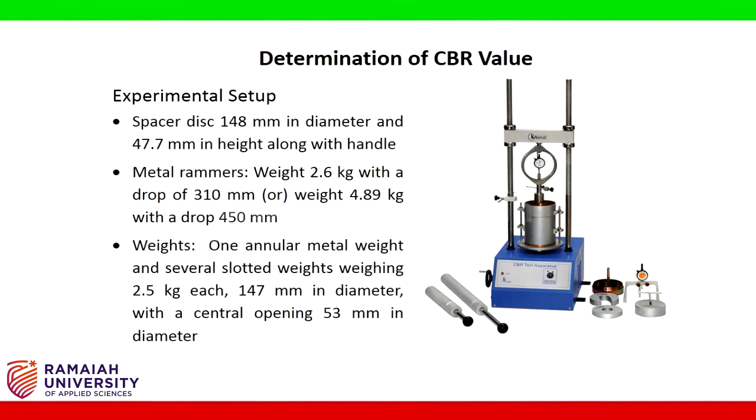Metal rammers weight 2.6 kg with a drop of 310 mm or weight 4.89 kg with a drop of 450 mm. Weights: one annular metal weight and several slotted weights weighing 2.5 kg each, 147 mm in diameter with a central opening 53 mm in diameter.